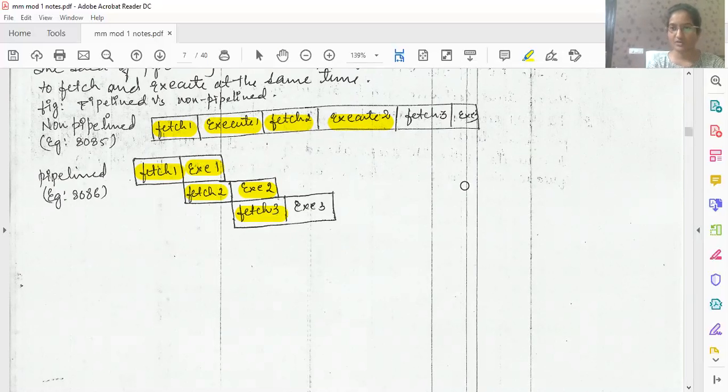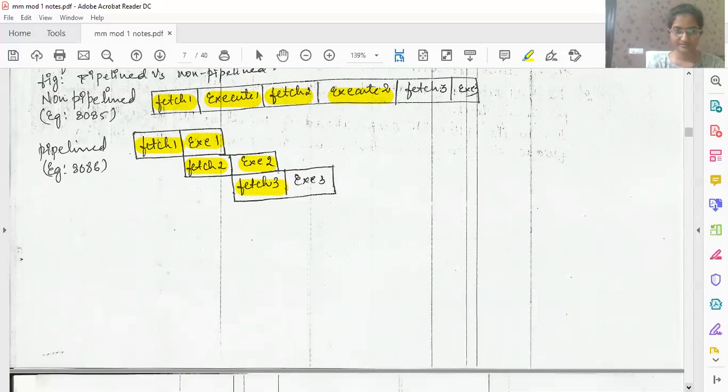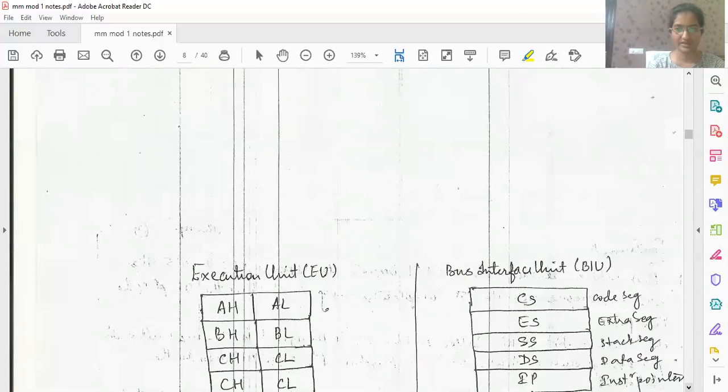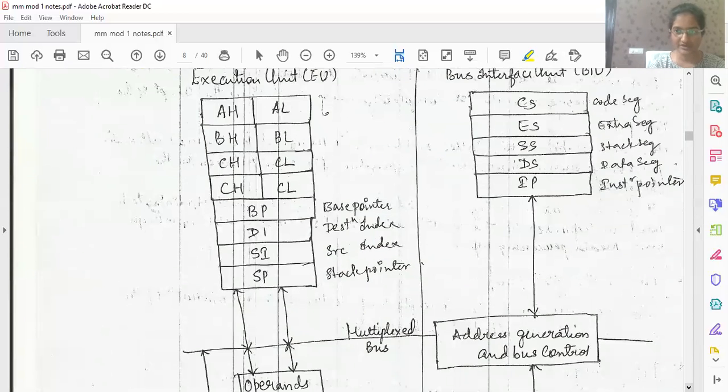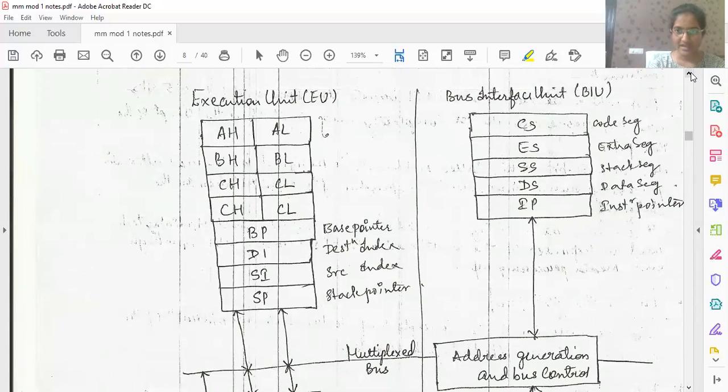How does the architecture look like in 8086? We'll see that now. Now here, this is the architecture of 8086, in which you can observe there is something called the bus interface unit and the execution unit. Your bus interface unit is busy in fetching the data, in accessing the memory and the peripherals.